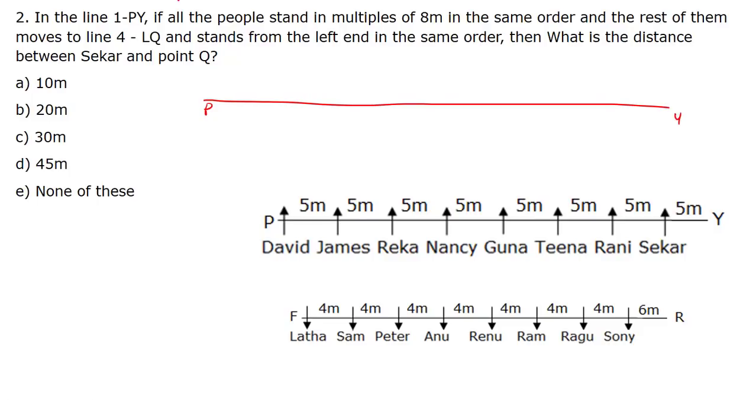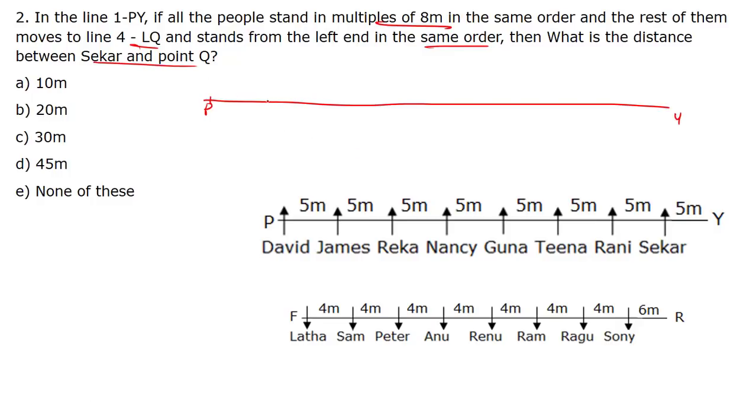Therefore, all the people are standing in multiples of 8, and the rest of them move to line LQ and stand from the left end in the same order. Then what is the distance between Sekar and point Q?